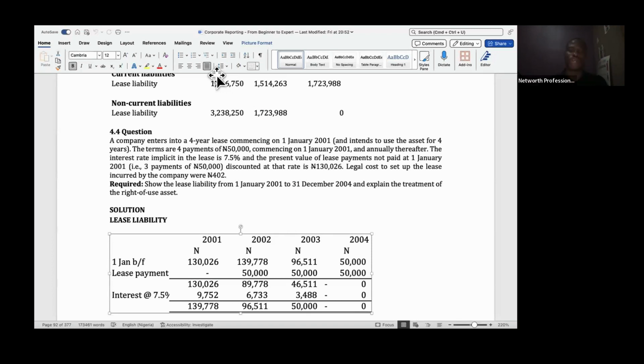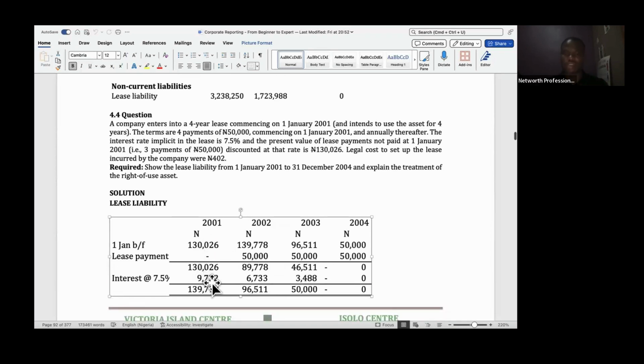So they would have given you the PV of the remaining payments. So there was no point removing this, right? Because it wasn't even included in this 130. Then we added the interest, then we carried it forward, ensuring we remove the lease rental, then applying the interest on the balance, on and on, like that.